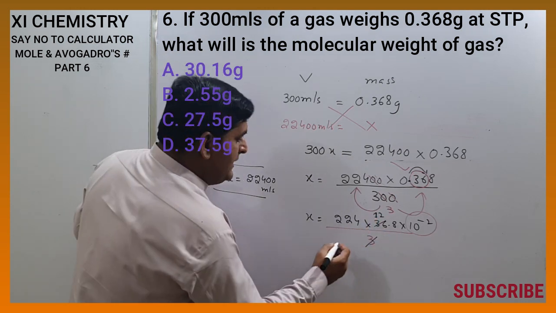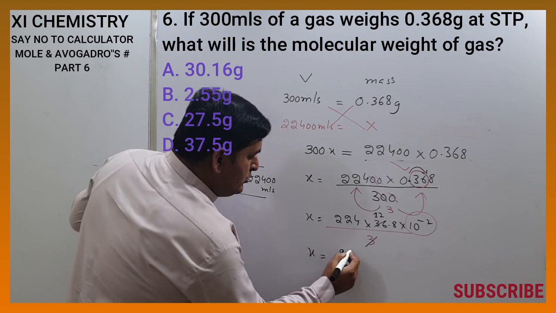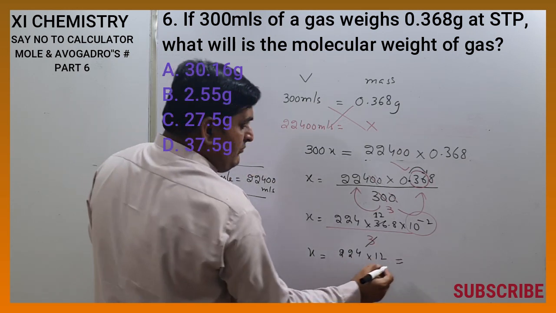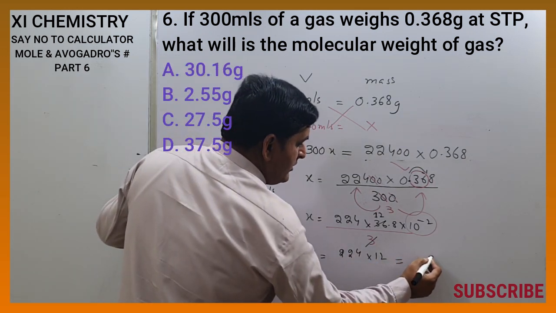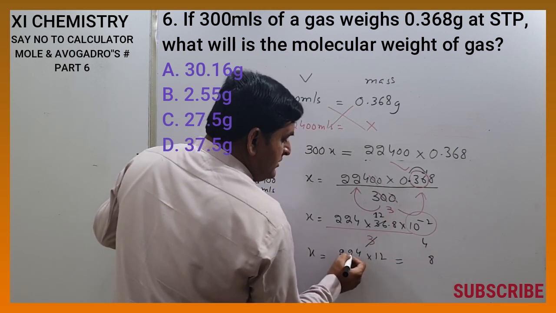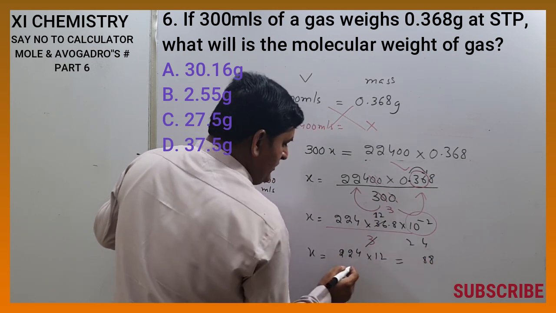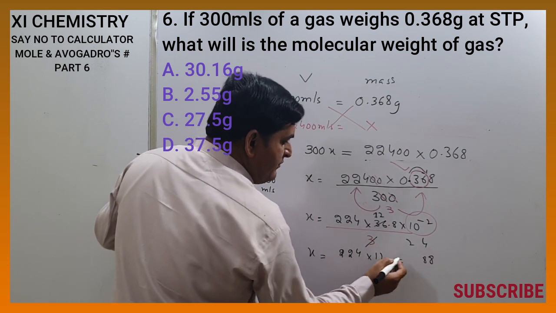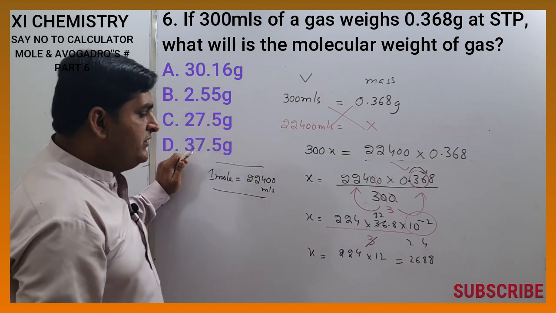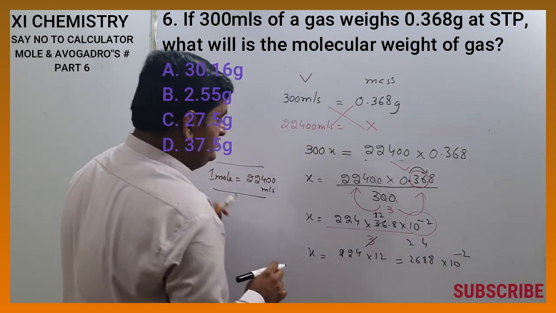Now we will multiply 12 into 224. 224 into 12: 4 twos are 8, 2 twos are 4, 2 twos are 4, then 2 twos are 24, 26. And this power into 10 to the power minus 2.